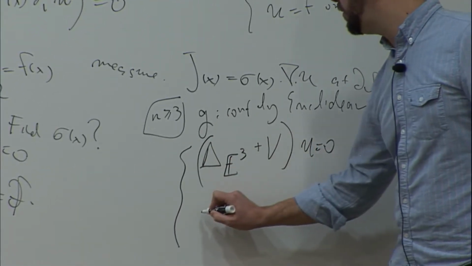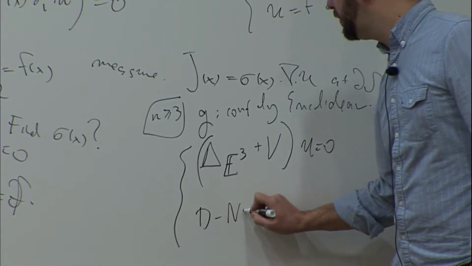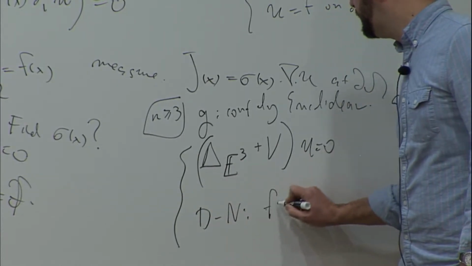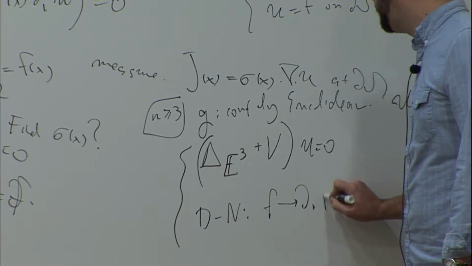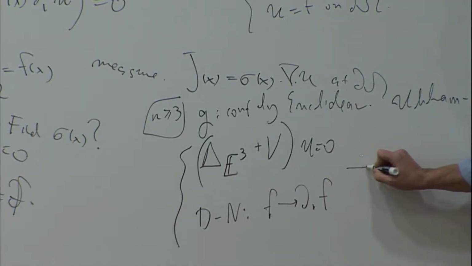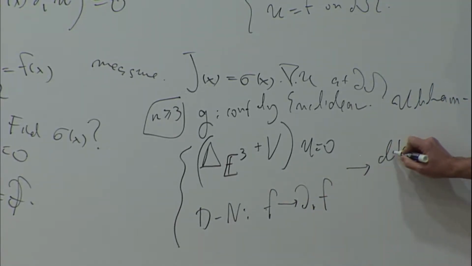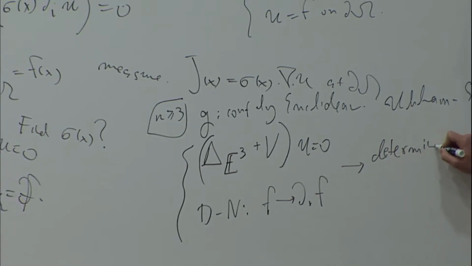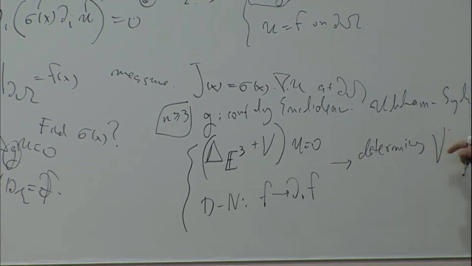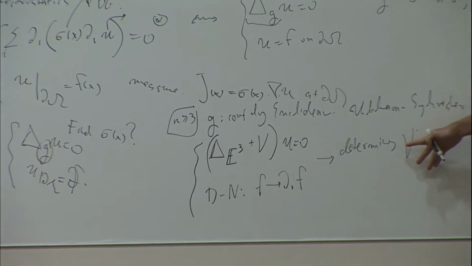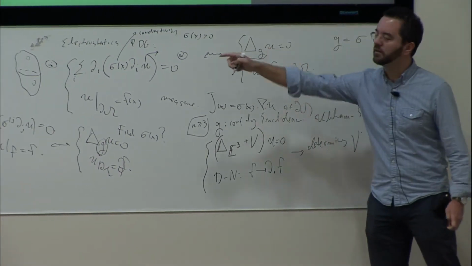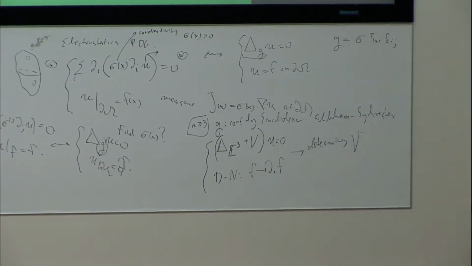Then we know the Dirichlet-Neumann map, from f into the normal derivative of f, and this determines the potential v. This problem is transformed into that, and if you can find the potential v, you can find the metric, you can find the conductivity. So the isotropic case has been fully solved in a very celebrated result for dimensions 3 and higher.